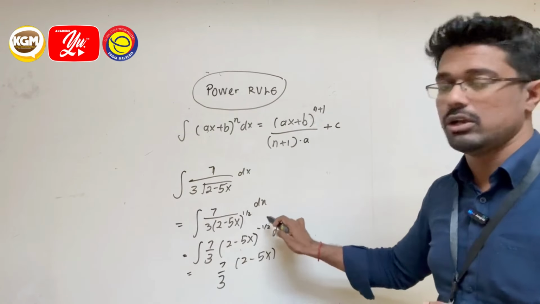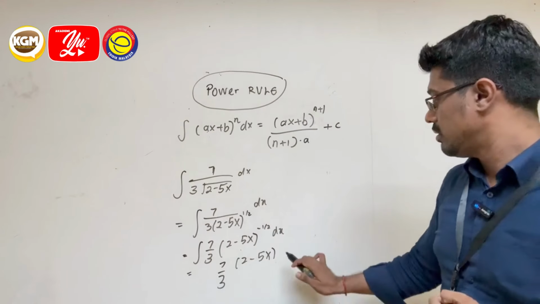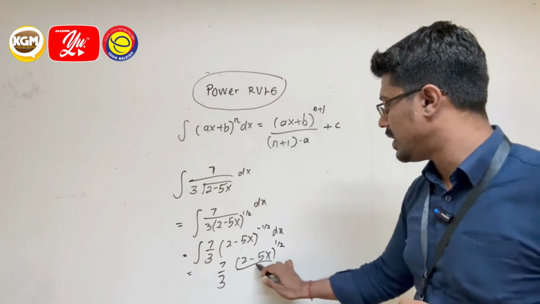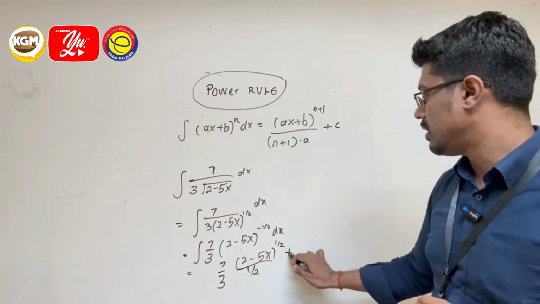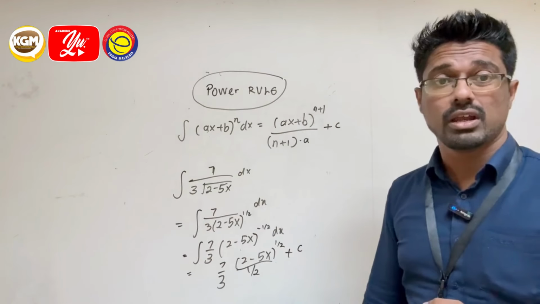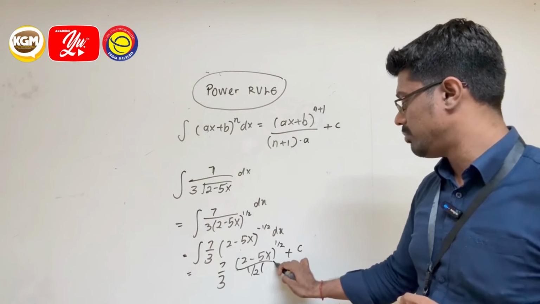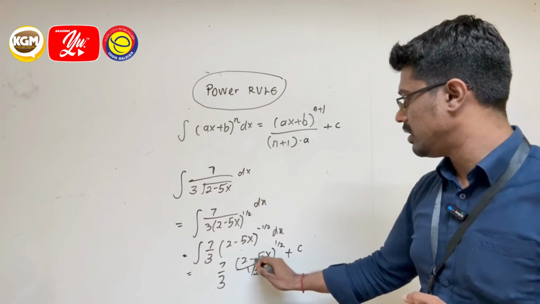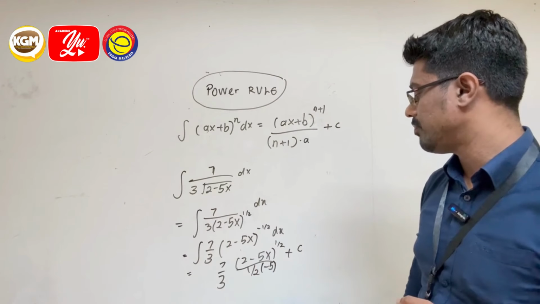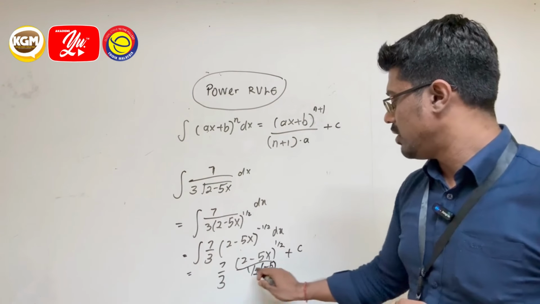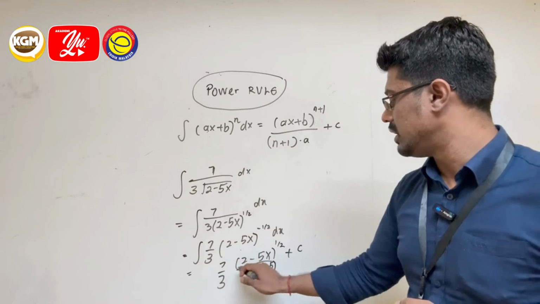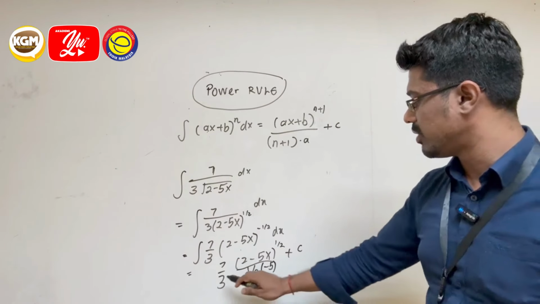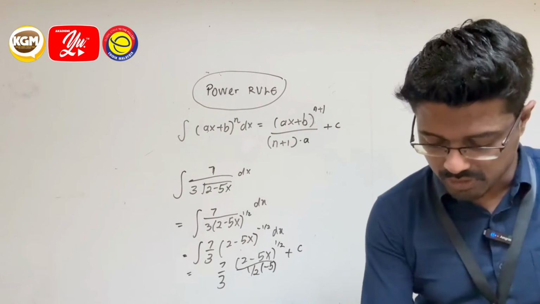Take your calculator. Don't try to be a champion. 1 over 2 divided by 1 over 2, plus c. I missed out something, right? Here, the number is going to be negative 5. How? Differentiate 2, you get 0. Differentiate negative 5x, you get negative 5. This number, press your calculator. There is a fraction below, right?